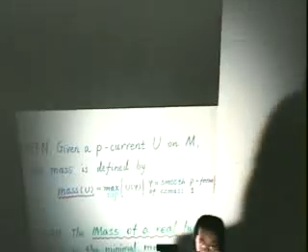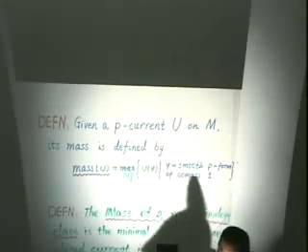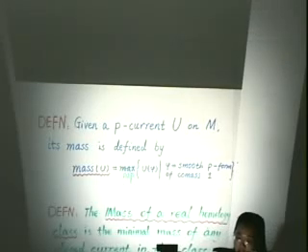So for the P current, you have to really define mass first. I should have said the mass first. If you define the mass by evaluating all the P forms and taking the supremum of such values, that is the mass of U. You define the mass of U like that.